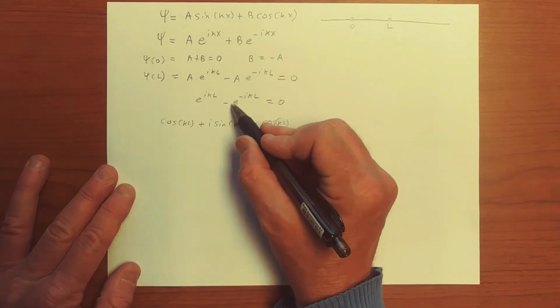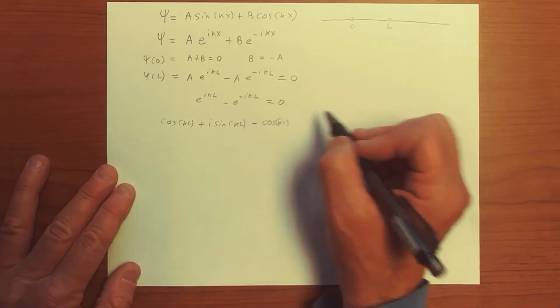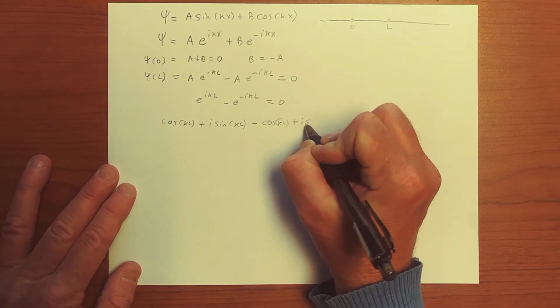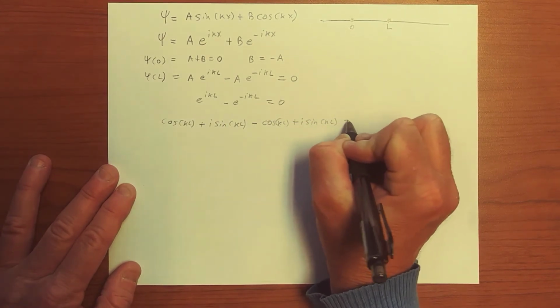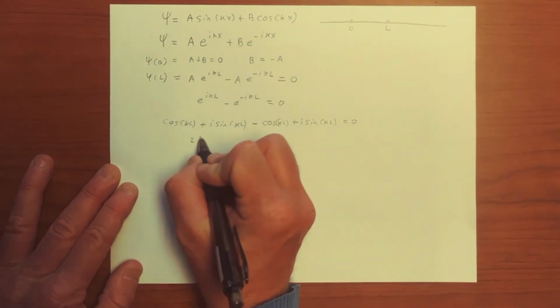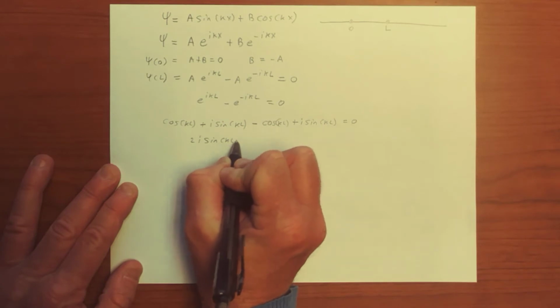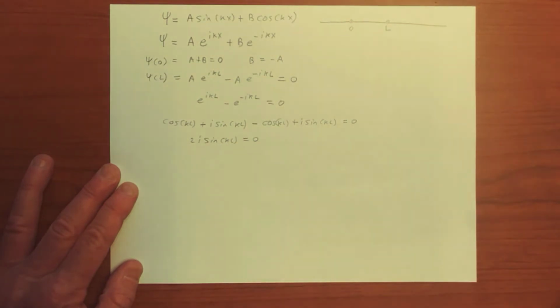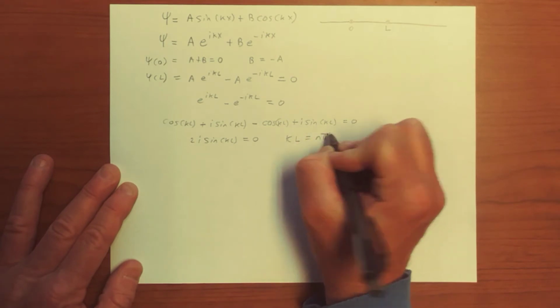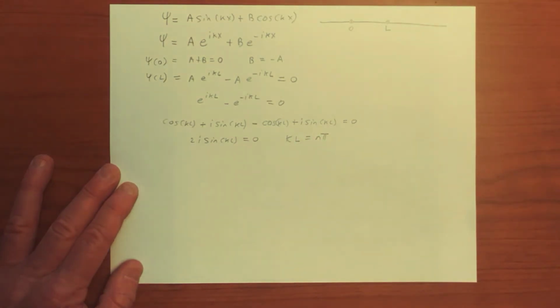And then this part here has minus i, but there's a minus sign here, so that becomes plus i sine of kL, and this has to be 0. The cosines cancel, so we have 2i sine of kL equals 0, and we end up at the same boundary condition. So kL is equal to n pi, for that to be equal to 0.